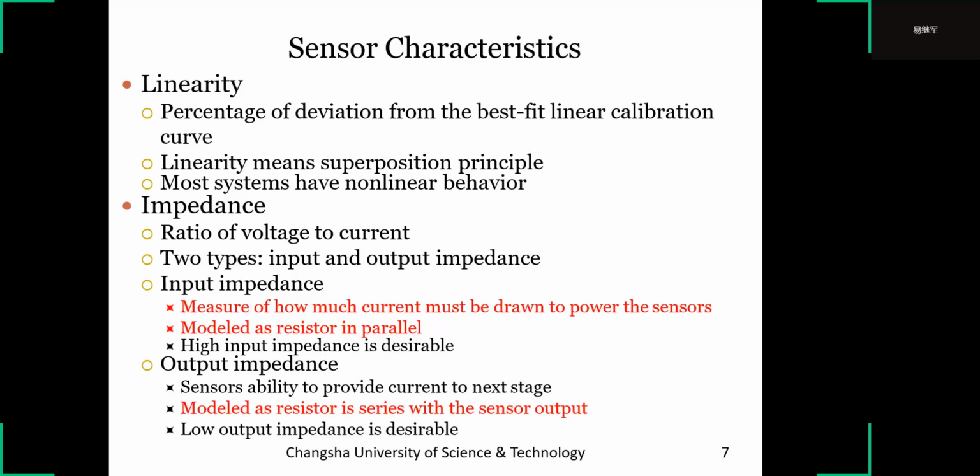Linearity means the superposition principle, which means the output from input one and the output from input two can be put together to become the output for one and two.